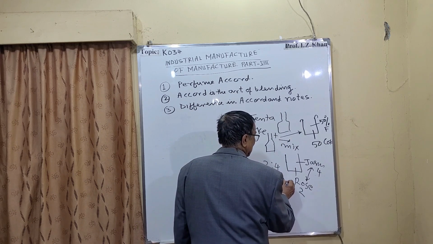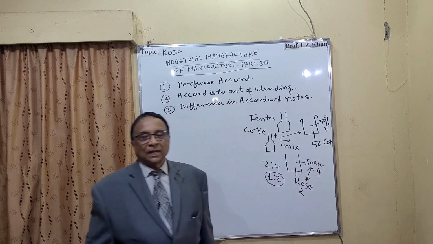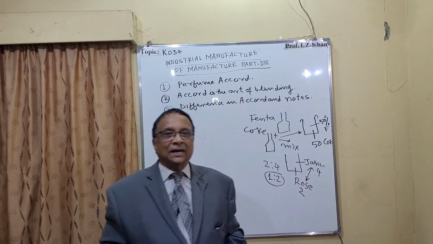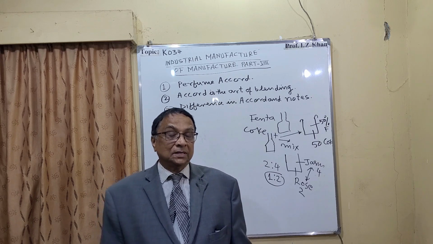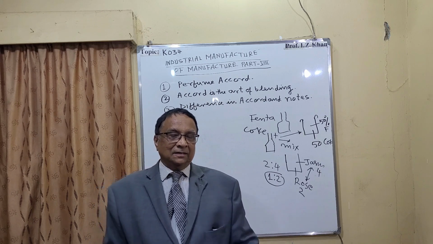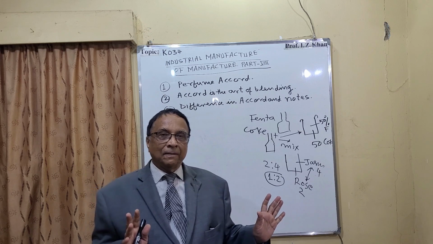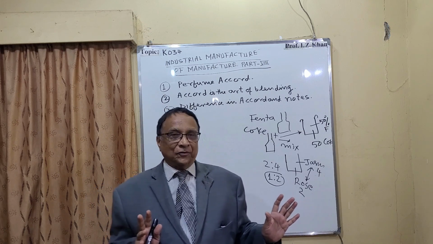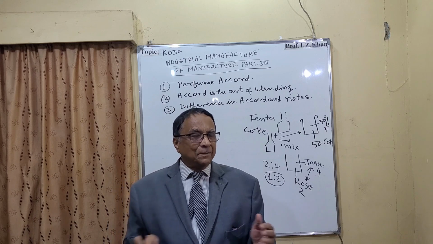So the ratio is 1:2. Once these two are blended, say you have taken 20 ml of rose and 40 ml of jasmine, it is blended. Now you have the accord. It's called accord in the perfume industry.